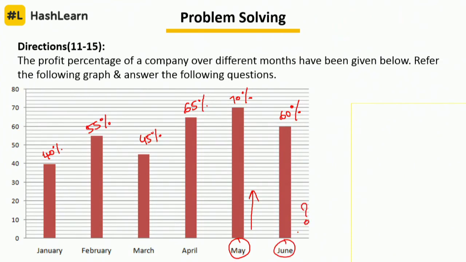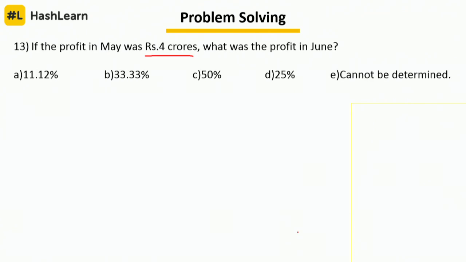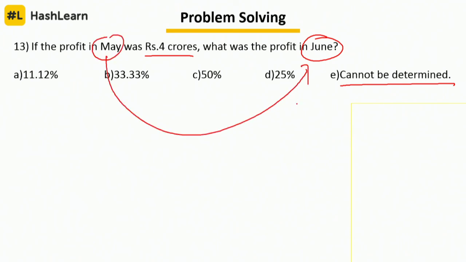See here, with this graph you can analyze there is no relation between the May month and the June month. There is no relation at all, because the graph gives you the percentage of the profit in each month. Since there is no relation, you can always look at the options. You cannot determine until and unless some information is given in June or some information is given relating to the May month and June month. Until and unless you know the relation, you cannot determine.